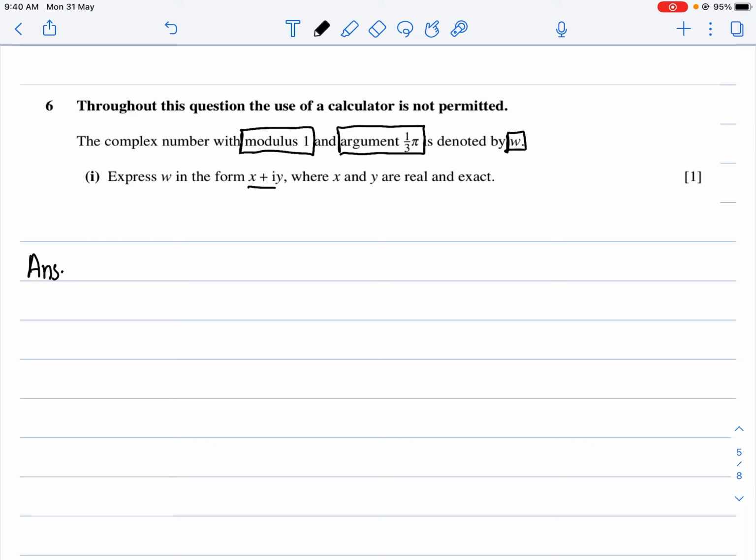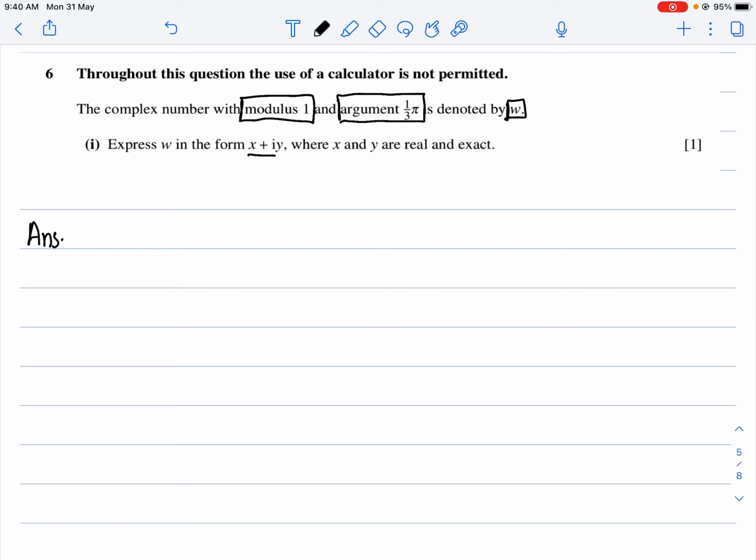So what is the modulus? The formula for the modulus, which you need to know, is the square root of the real part squared plus the imaginary part squared, correct?